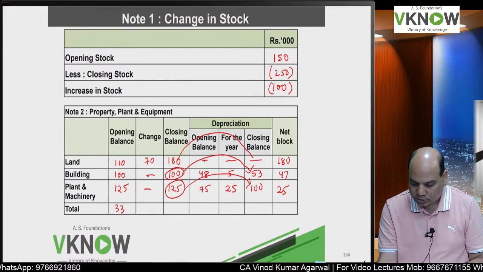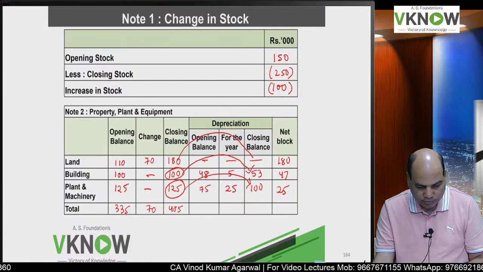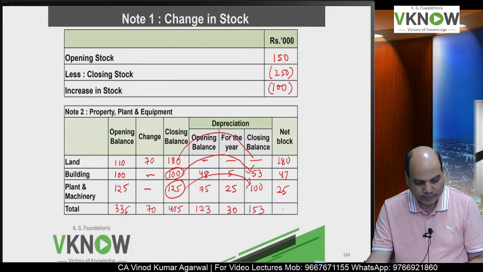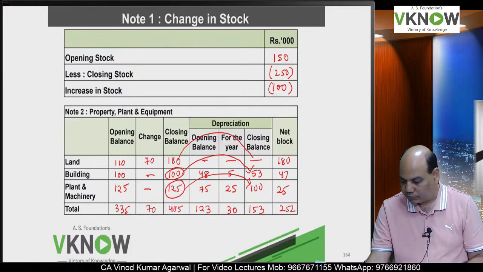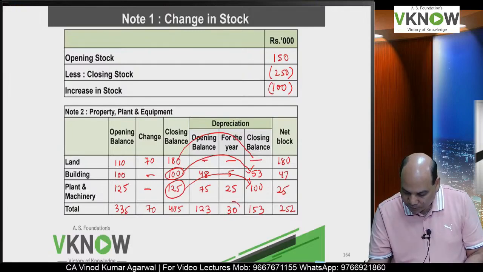So now we'll take the total of all the columns. Start from here: 335, 70. This is how much? 405, 123, 30, 153, 252. Out of these numbers, depreciation for the year will go to P&L account.